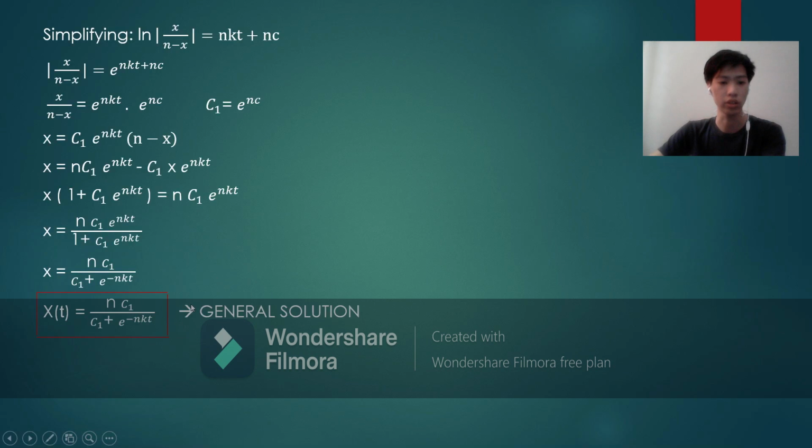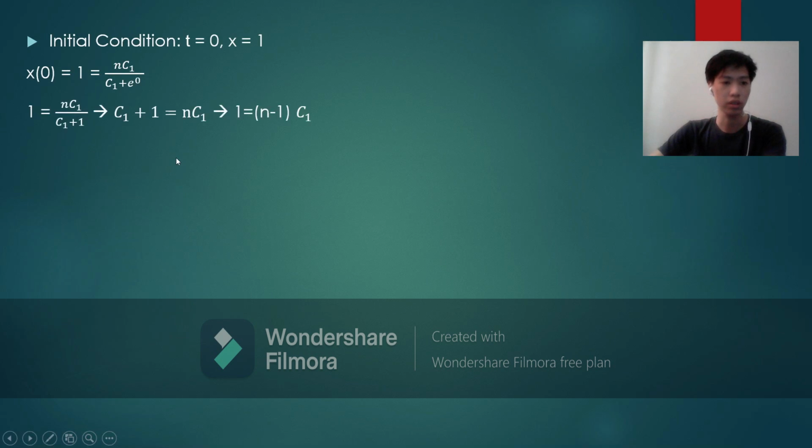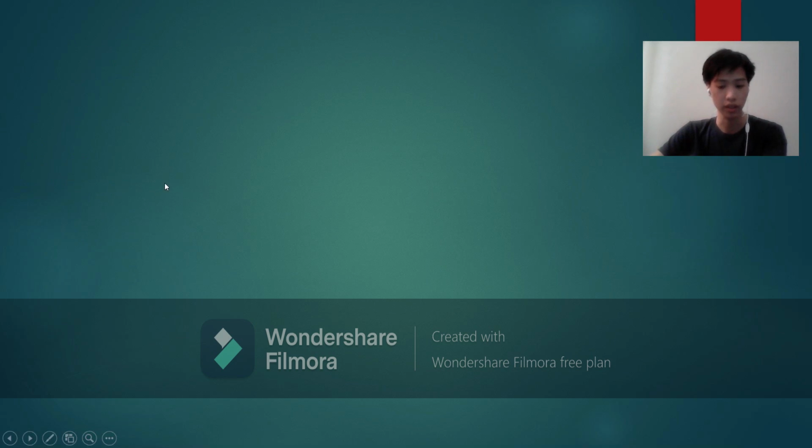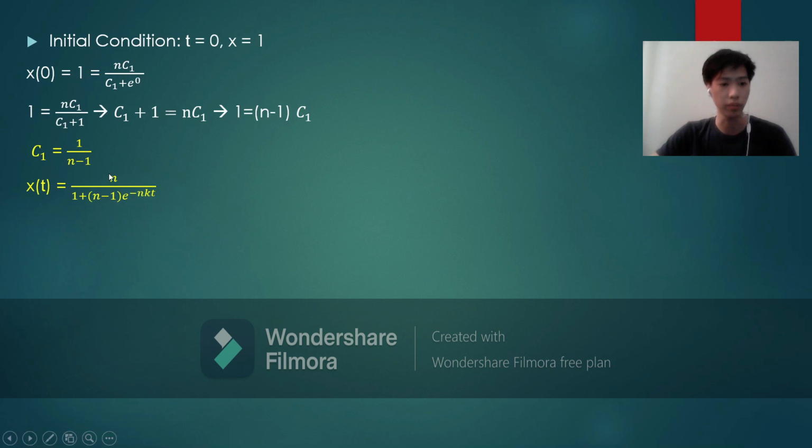Simplifying, we get x of t is equal to n over 1 plus n minus 1 times e raised to negative nkt. So now this becomes the solution for the initial value problem.